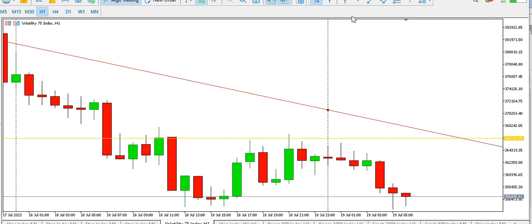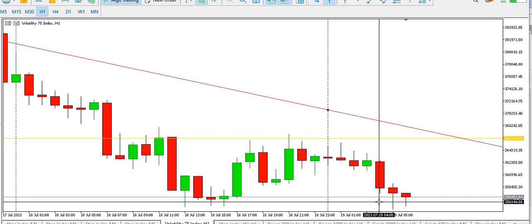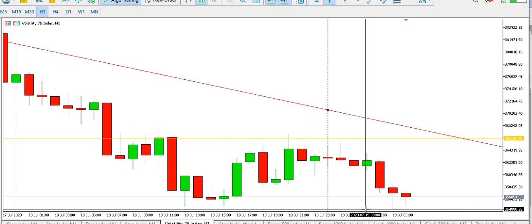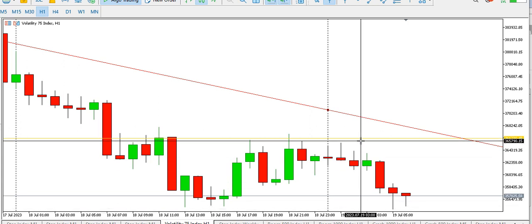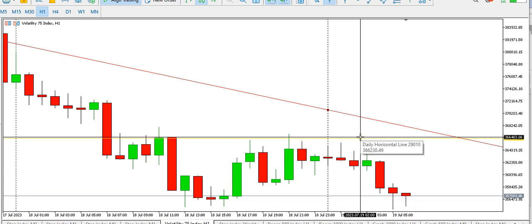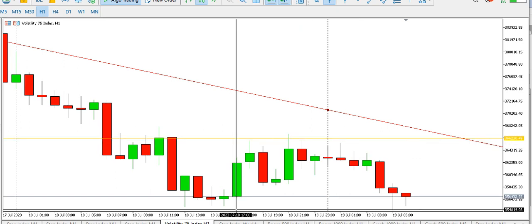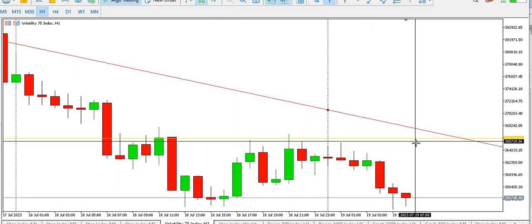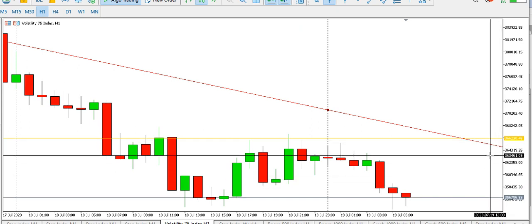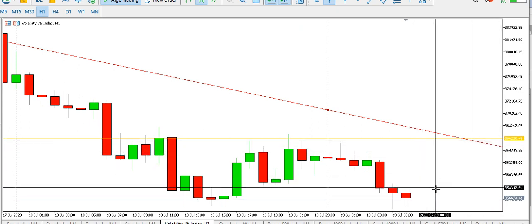For now, the range low on the 1-hour time frame is at the 354880 level, while the range high is around the daily pivot level, which is at the 366219 or 366230 level. So we expect V75 to range for some time on the 1-hour time frame before dropping.